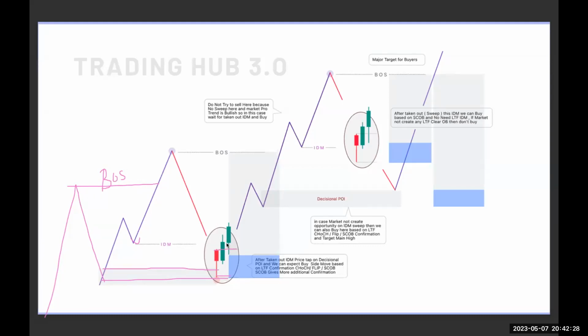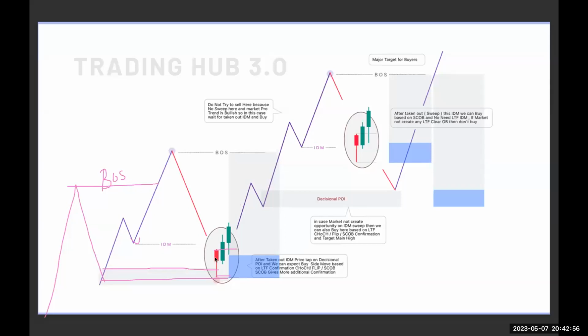But in this situation, you don't need to wait for taking out the inducement or anything. When you're looking for the buy and sell based on single candle order block, you don't need to wait for taking out the inducement in a lower time frame confirmation. But when you're buying or selling on POI and you are looking for the buy and sell based on CHoCH and flip, then you need inducement as per our trading plan, right?